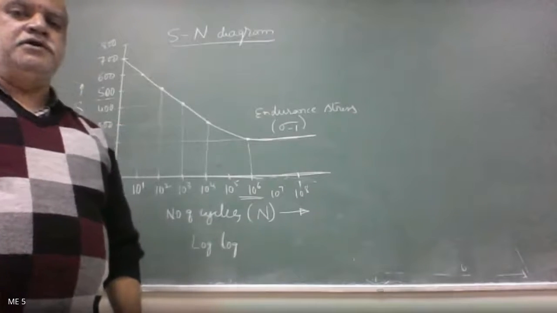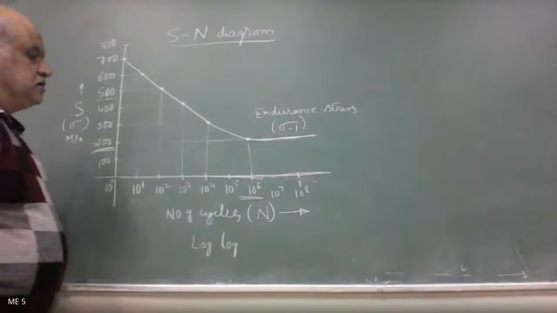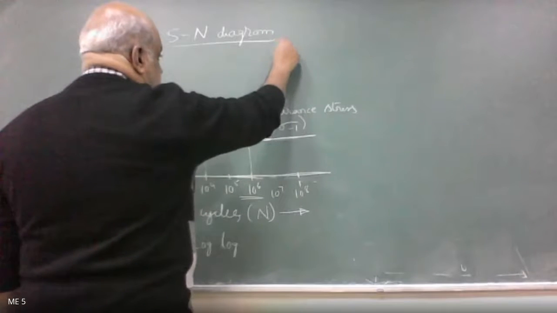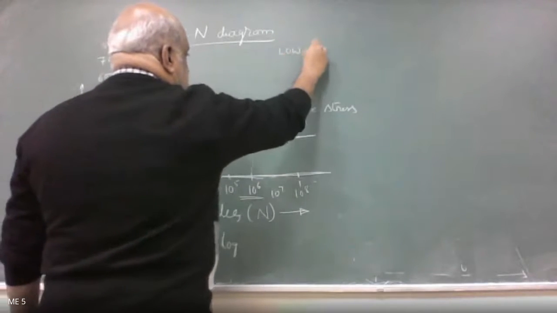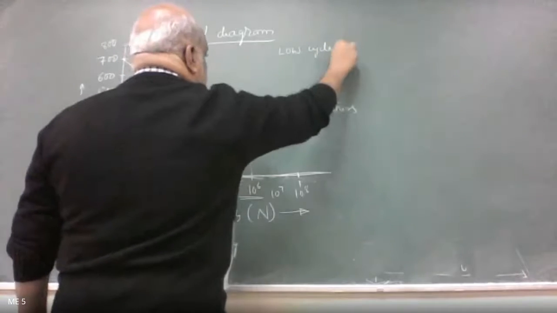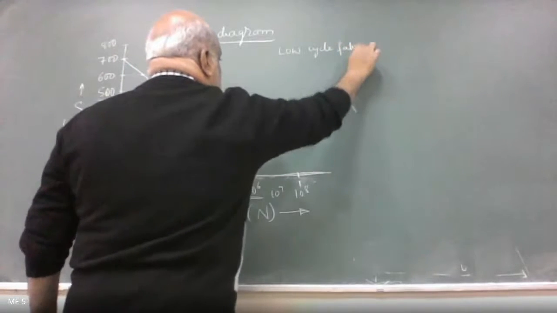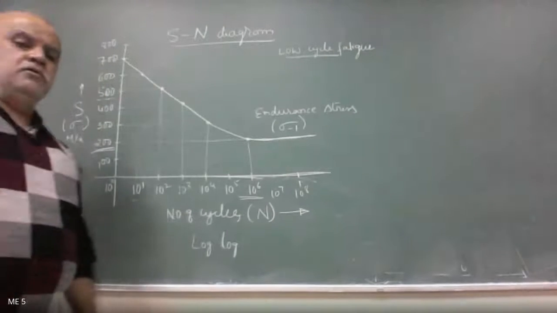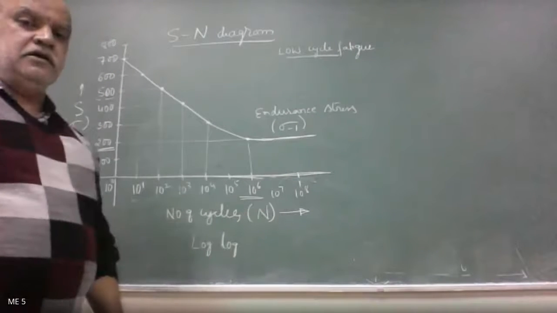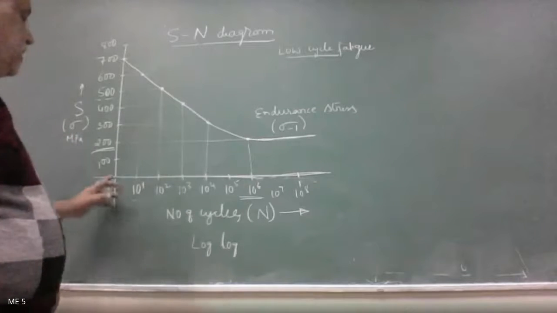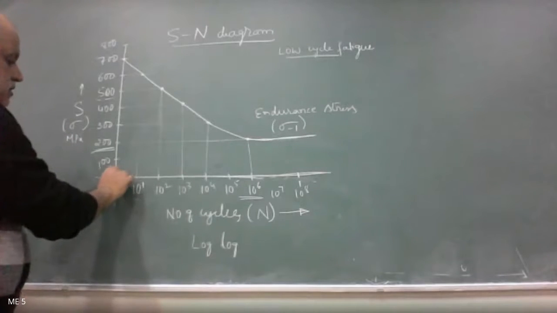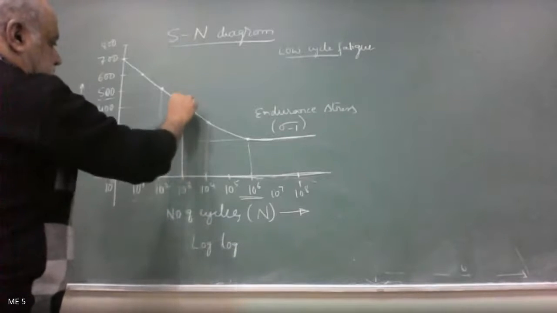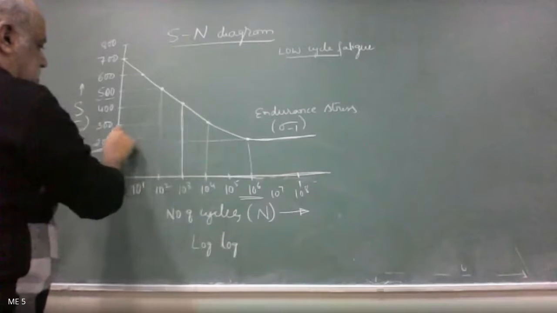All right, finished up. Next, note down low cycle fatigue. Low cycle fatigue is nothing but the fatigue failure which occurs from number of cycles equal to 1 to 1000 cycles, that is, number of cycles equal to 10 power 3.